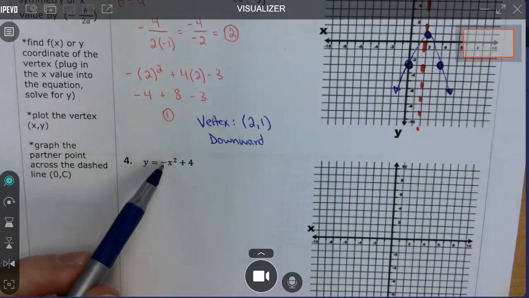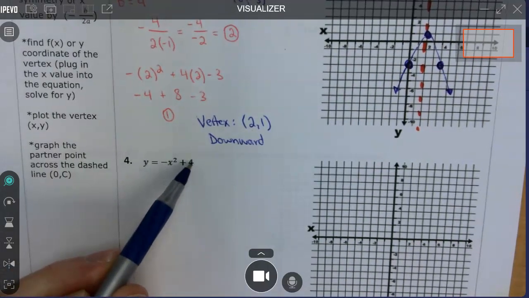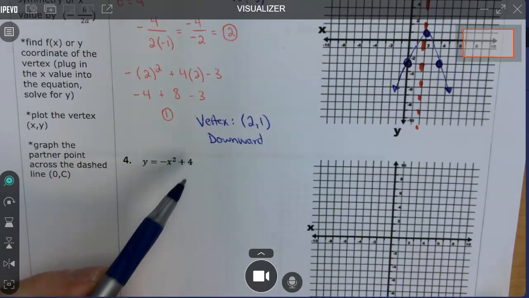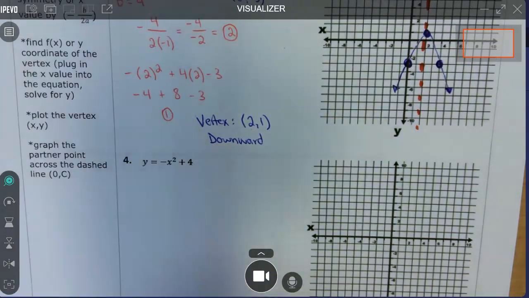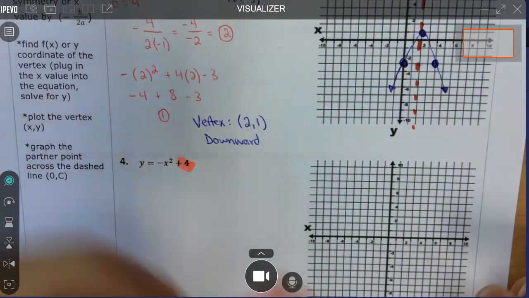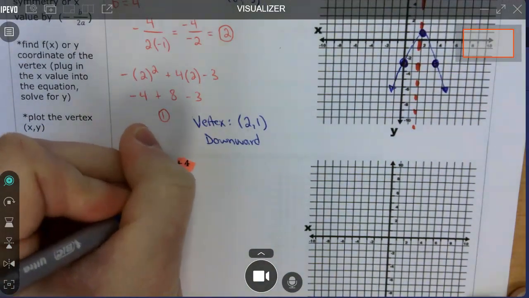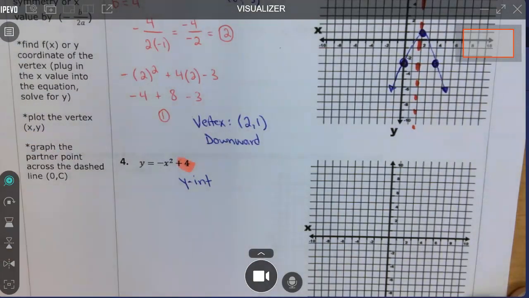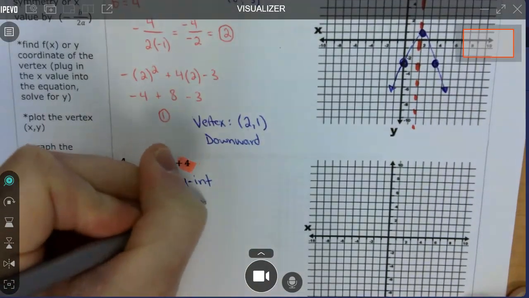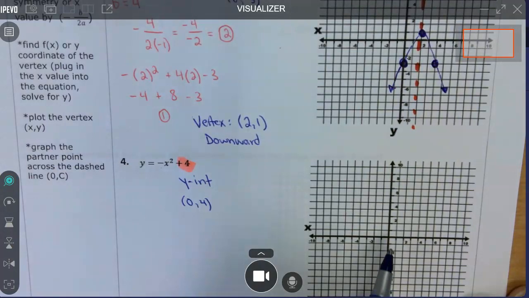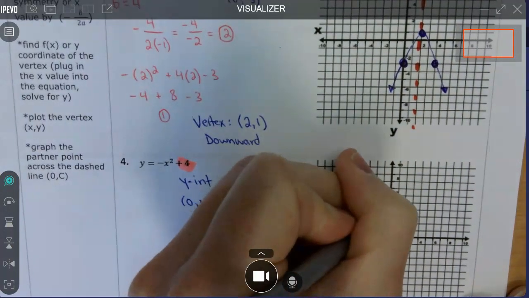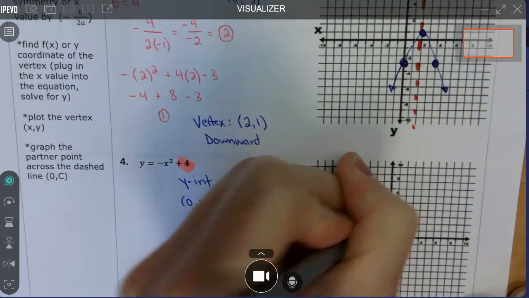It's when we had an a value and a c value. Now this c value is still our y-intercept. So right here, that's our y-intercept. And so this is going to be the point 0, 4, which means I can already go over here and plot that point right there.